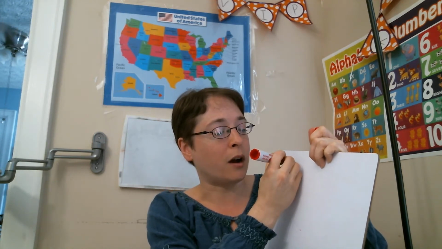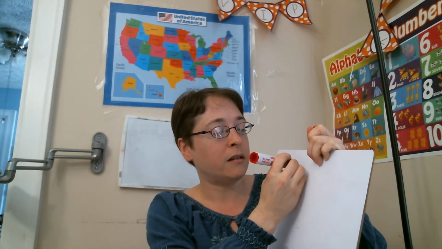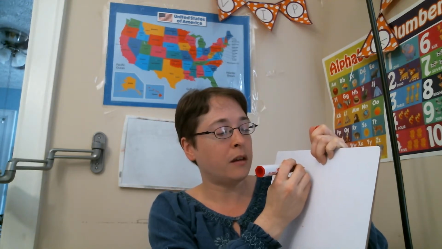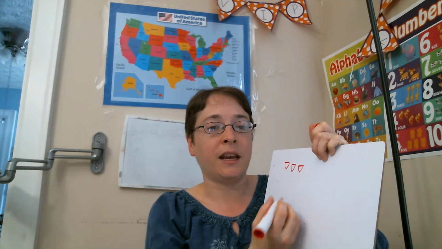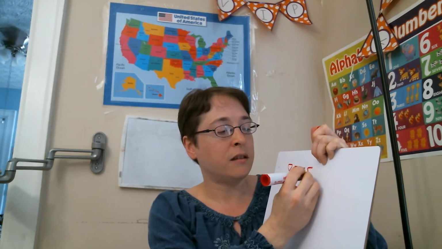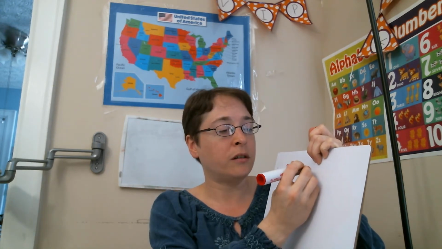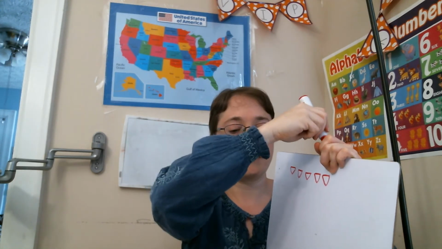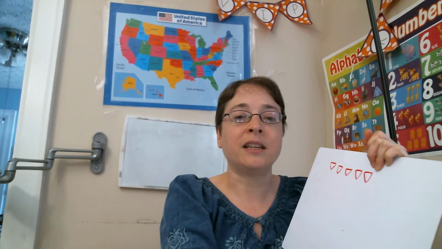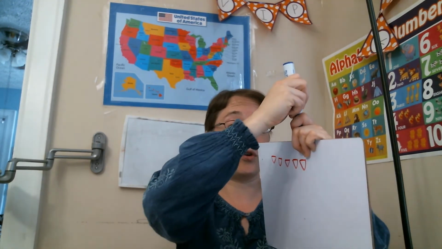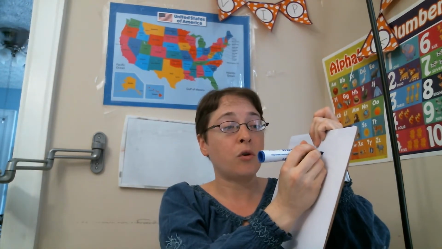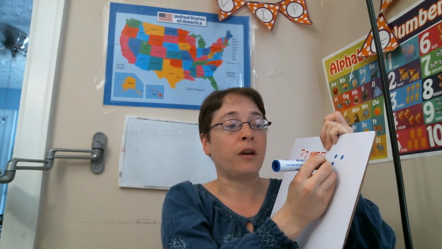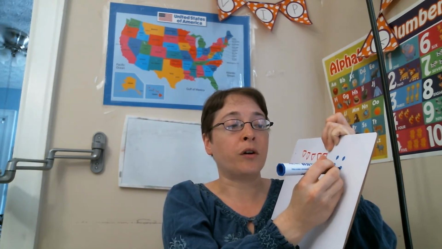So there's 1, 2, 3, 4, 5. Now let's draw the 4 blueberries. 1, 2, 3, 4.